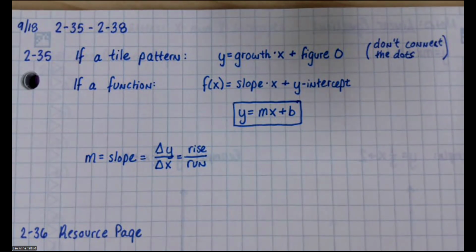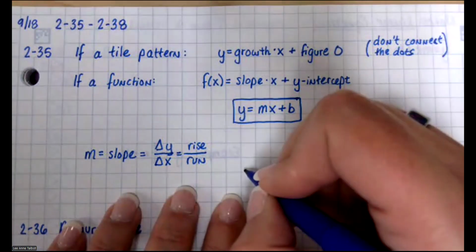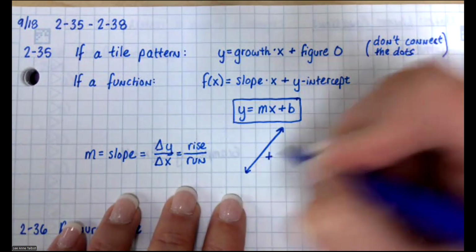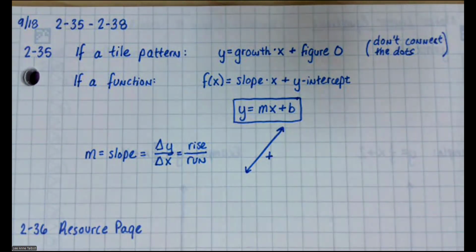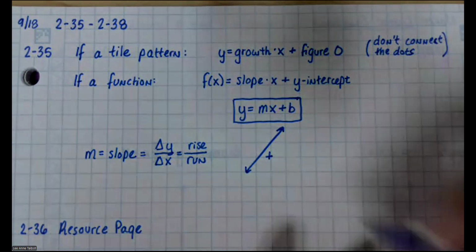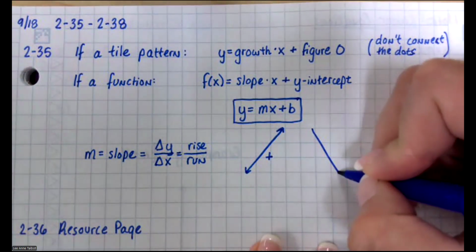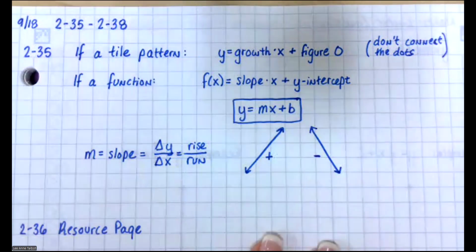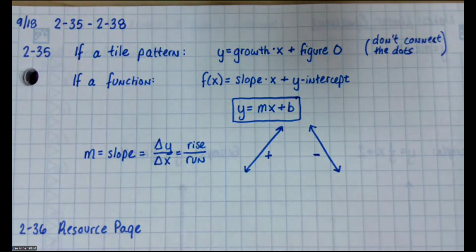And there are 4 different types of slopes. We're going to draw little pictures. This guy going uphill is a positive slope. This guy going downhill is a negative slope.